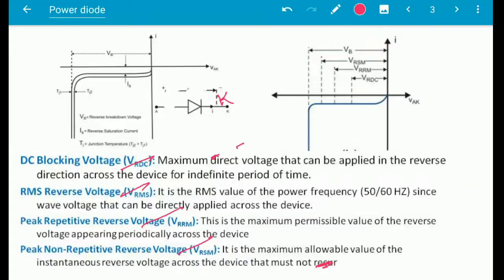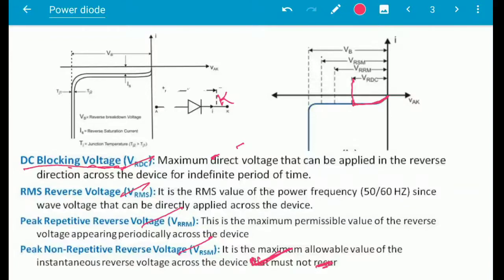So VRDC, the DC blocking voltage, which can be applied for an infinite time, is the minimum. And VRSM, the last one, the peak non-repetitive reverse voltage, is the maximum, which must not be applied to the diode in reverse biased condition.